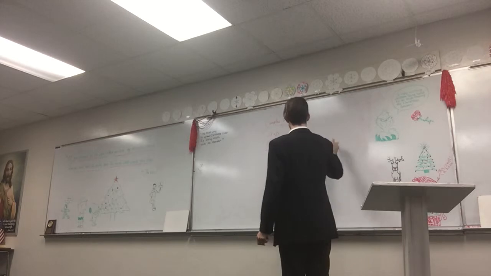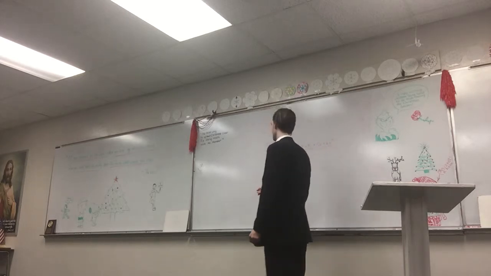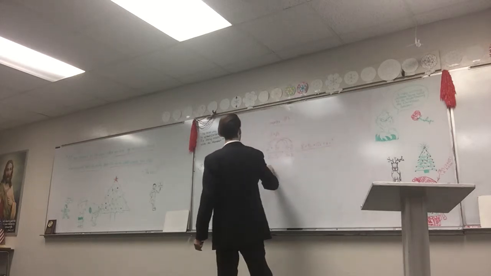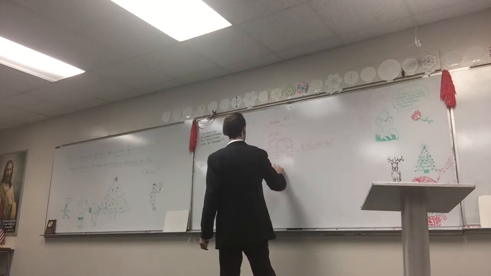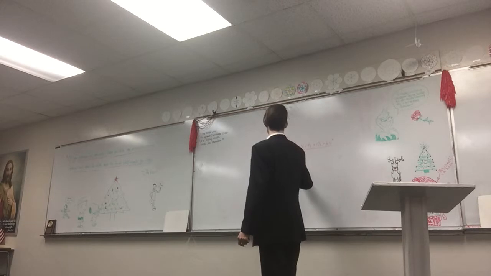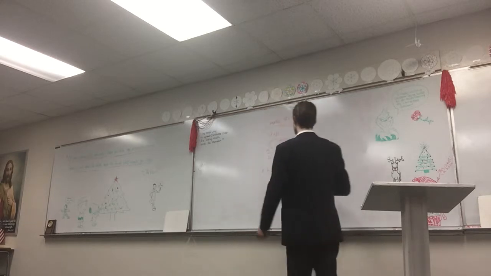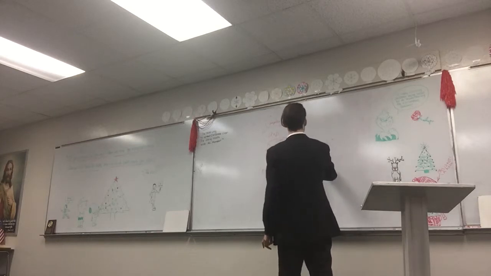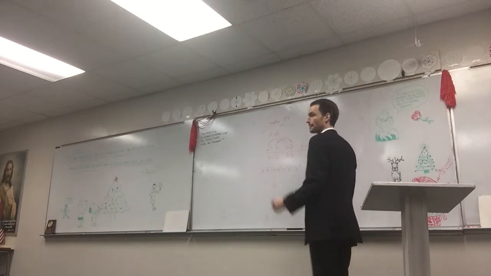The bottom, I could FOIL, but I have something that helps me: a minus b times a plus b is a squared minus b squared. So it'll be 4 squared minus 2i squared.